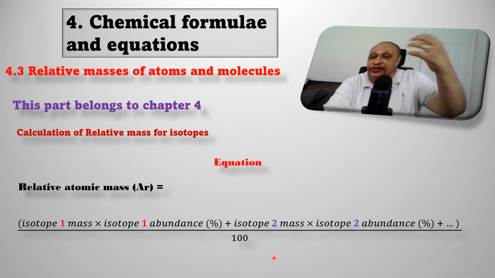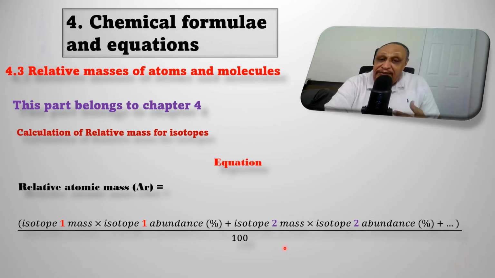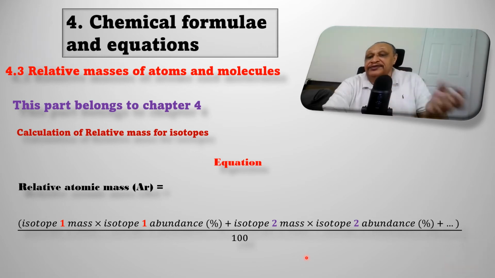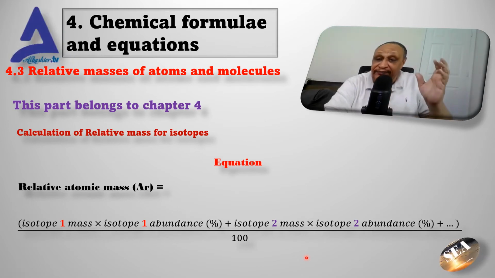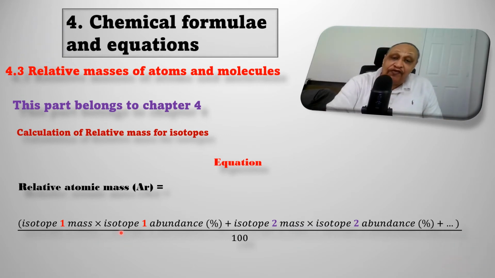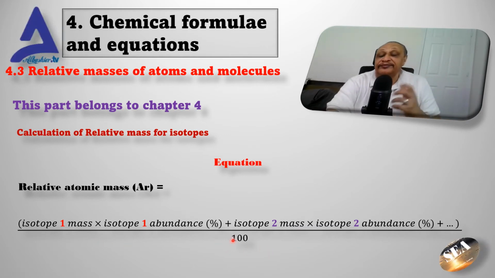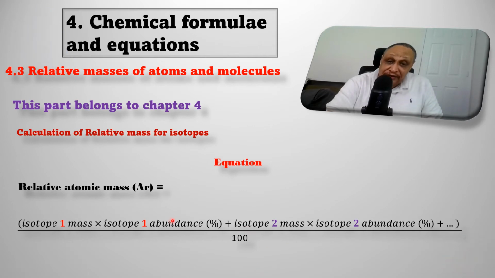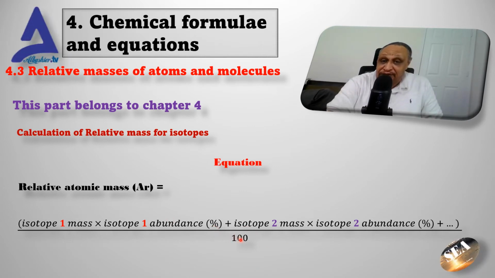And if it has 3, it's going to be isotope 3 mass multiplied by isotope 3 abundance percent, till n, over 100. Why 100? Because those abundances are in percent, so it should be divided by 100.